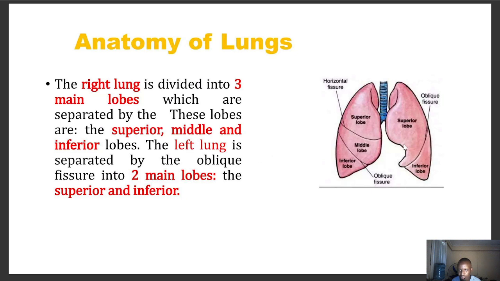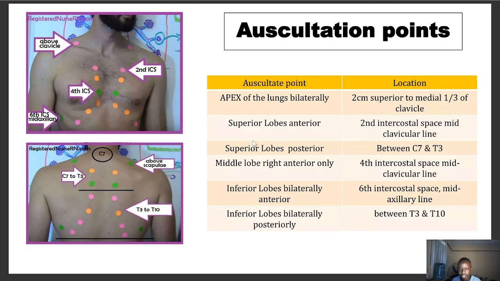Don't forget the superior lobes we listed under the anatomy of the lungs. Then for the superior lobes posteriorly, we listen behind, between C3 and T3. From C7 to C3, from here to here. At this point, we are listening to the middle lobe, right anteriorly.